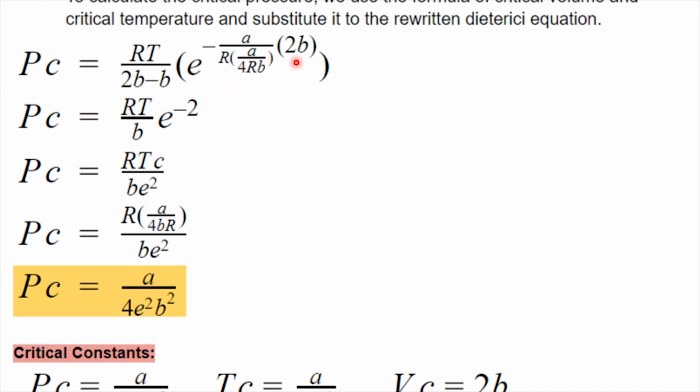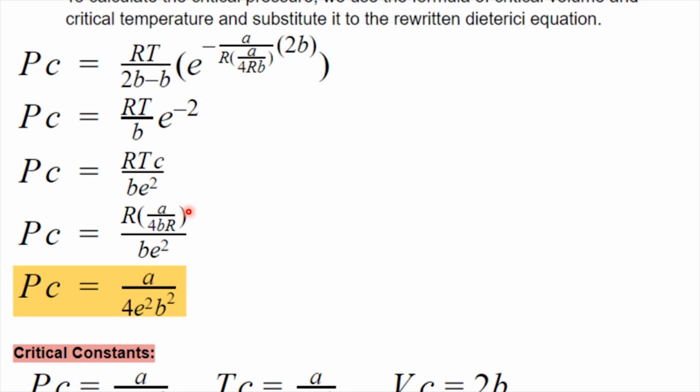Cancelling the variables, it will give us Pc is equal to R Tc over b times e raised to negative 2. So Pc is equal to R Tc all over b e squared. Substituting Tc, R times a all over 4bR all over b e squared.